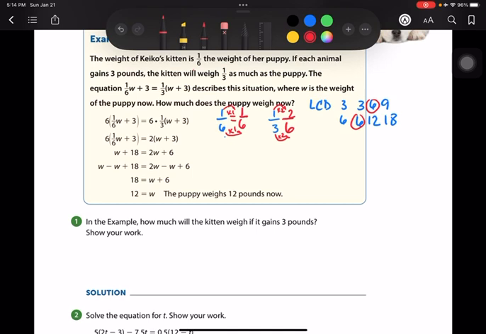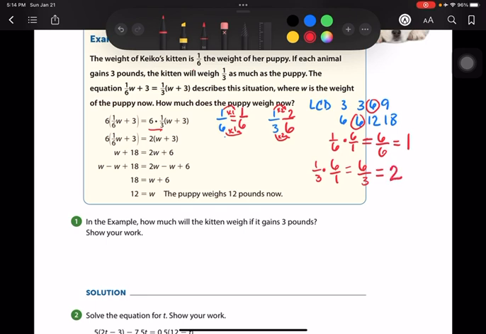Okay, so with that being said, if you multiply 1/6 by 6, place 6 over 1, multiply across, that gives you 6 over 6, which equals 1. If you multiply 6 times 1/3, place your 6 over 1 and multiply across, that gives you 6 over 3, which equals 2.